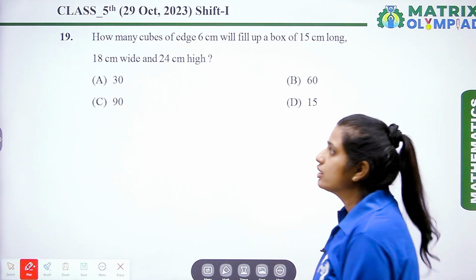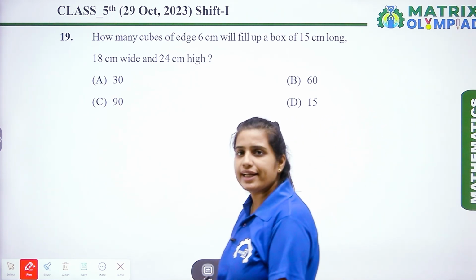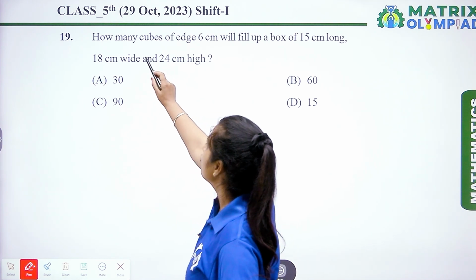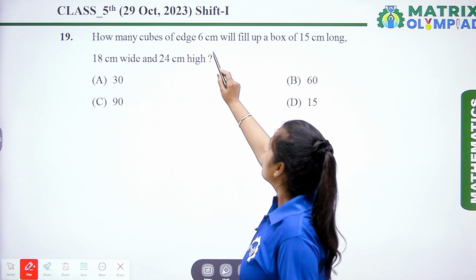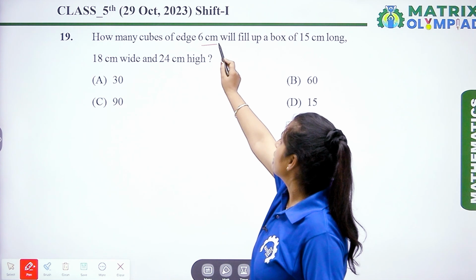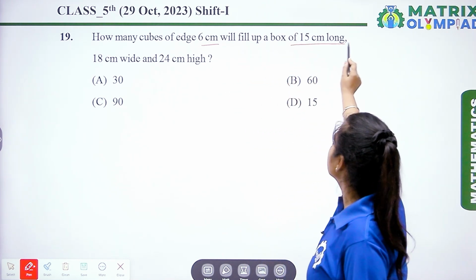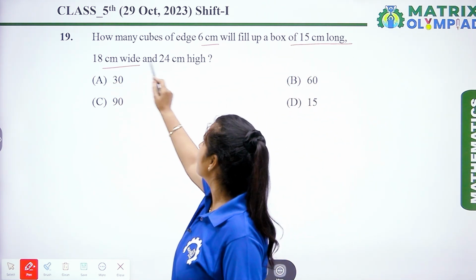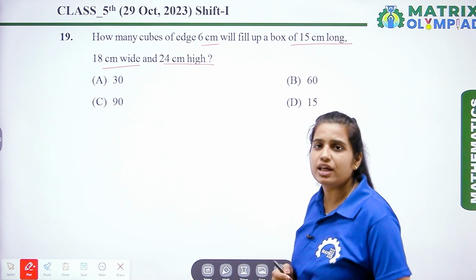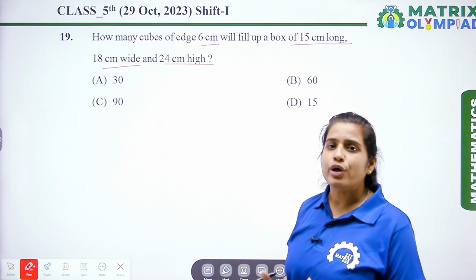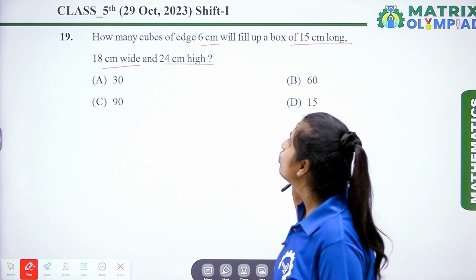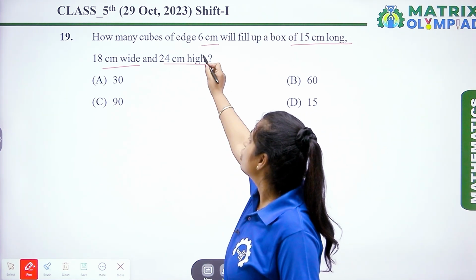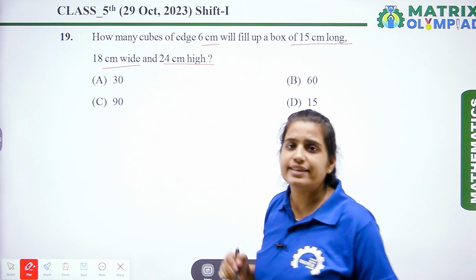Now let's start with the next question, question number 19. In this question we have to find out how many cubes of edge 6 centimeter will fill up a box of 15 centimeter long, 18 centimeter wide and 24 centimeter high. So here we have a cuboidal box and we have to fill this box with cubes of edge 6 centimeter.